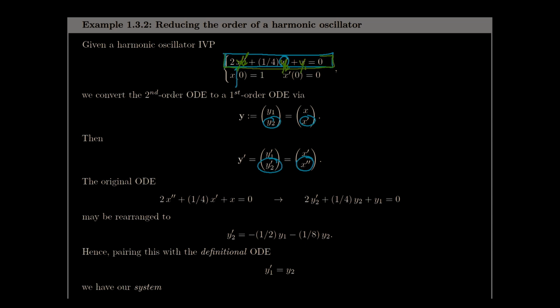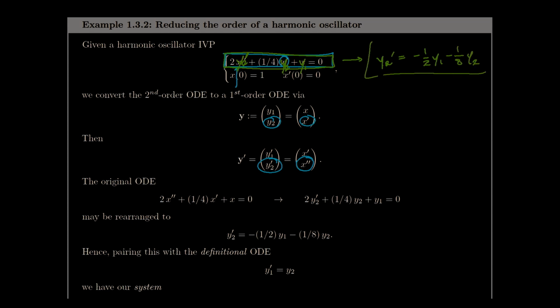All of a sudden, you see my original ODE has now become a first order ODE, just involving both y2 and y1. So if we solve this for y2 prime, we recover y2 prime. I'm going to divide everything by 2 and pull the other two terms to the right. I get negative 1/2 y1 minus 1/8 y2.